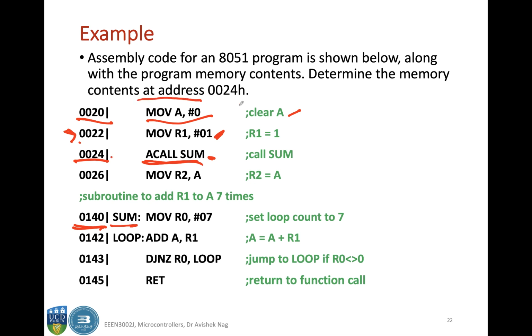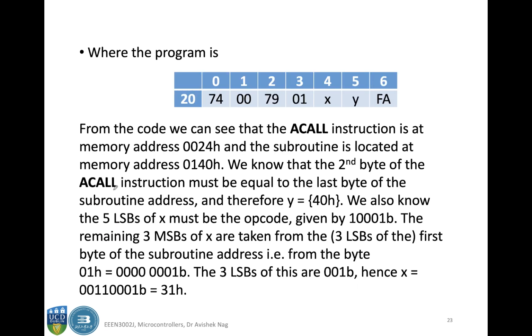So that's what you have to find. Determine the memory contents at address 0024. So at 0024 you have ACALL sum, and what will be the 2 bytes of ACALL if your subroutine address is 0140. So you can do the same logic here.